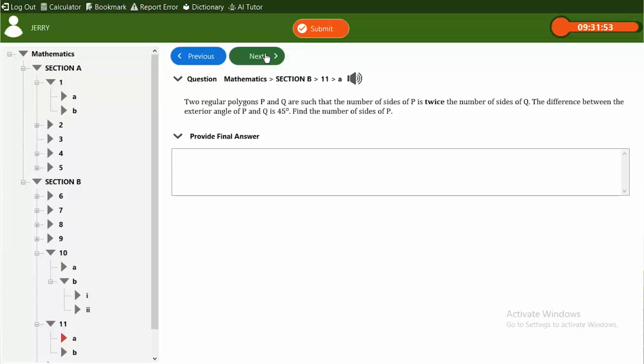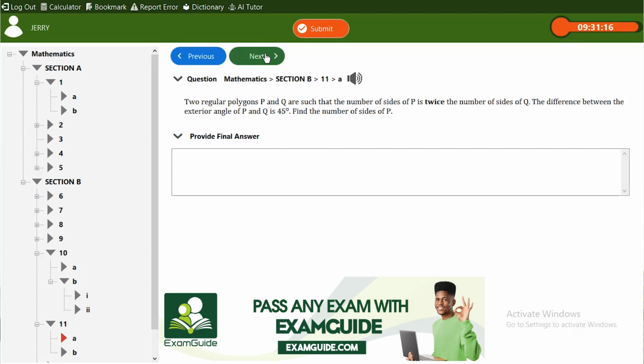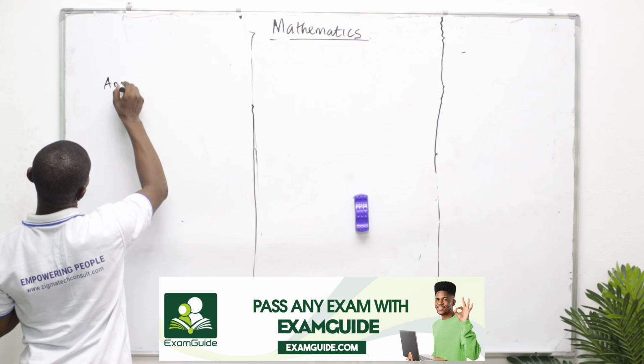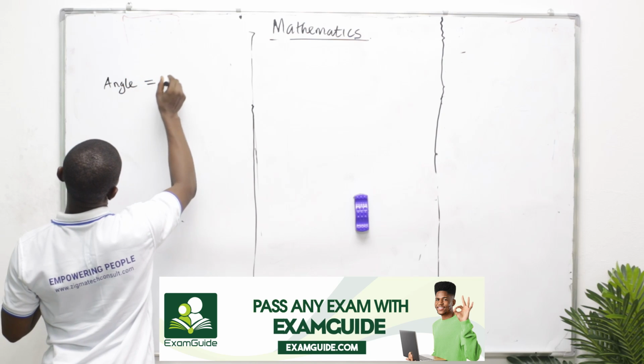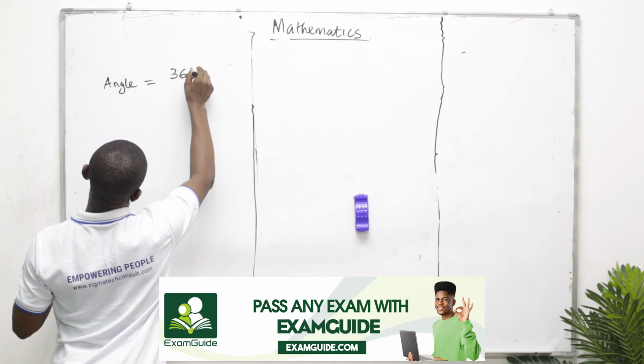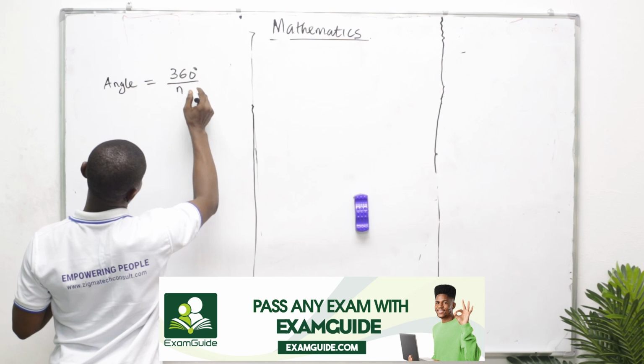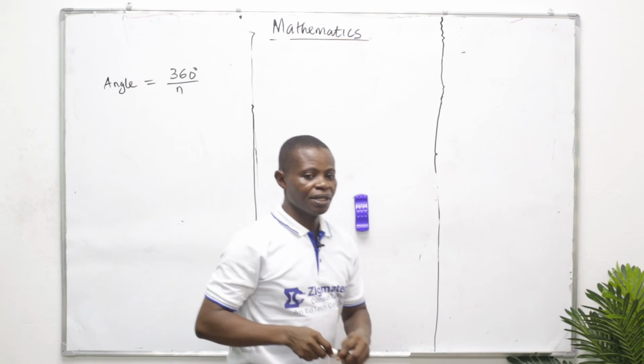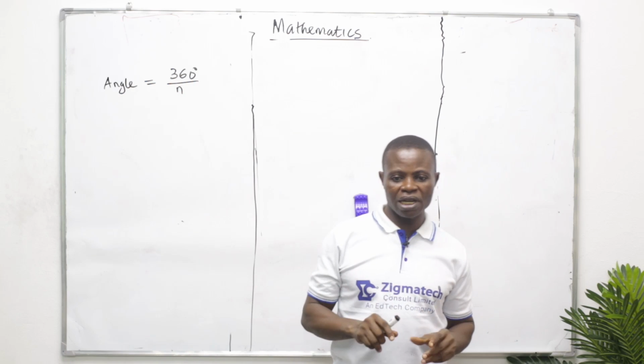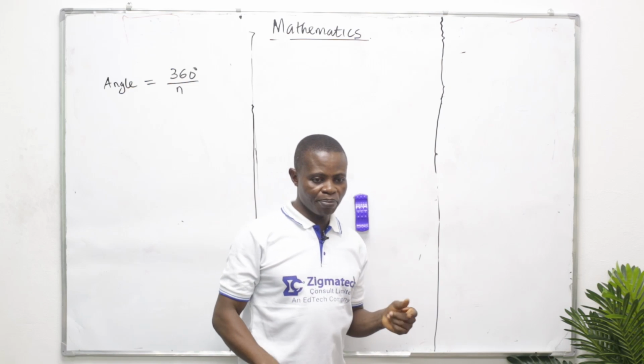So first of all, ask yourself, what is the formula for an exterior angle? For exterior angle, recall that angle equals 360 degrees all over number of sides, that is small n, representing the number of sides of the polygon.